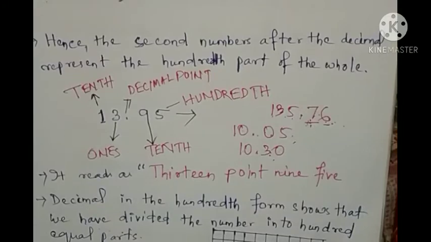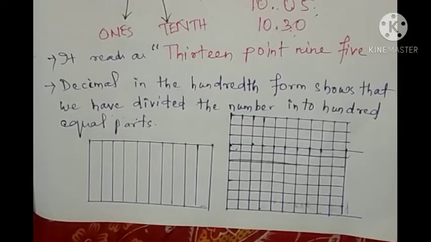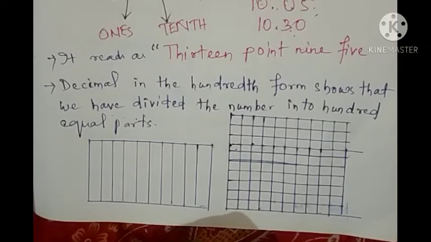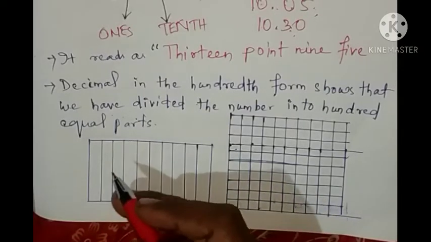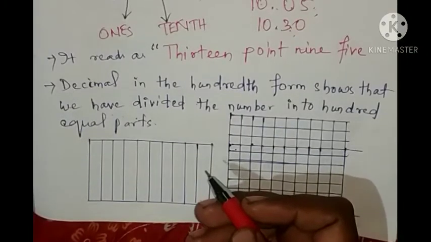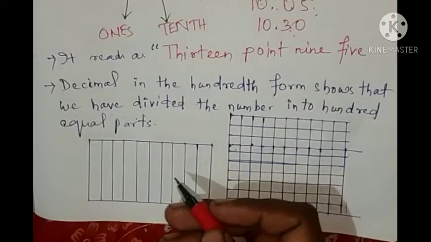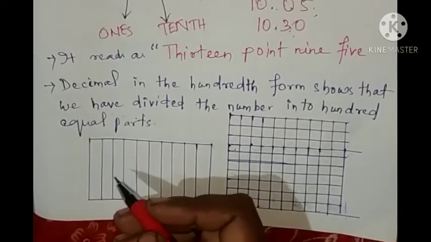A decimal in the 100 form shows that we have divided the number into 100 equal parts. When we write the 1/10th part, we are dividing a number into 10 equal parts.